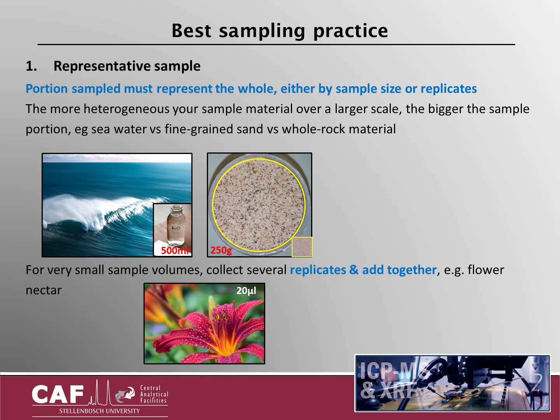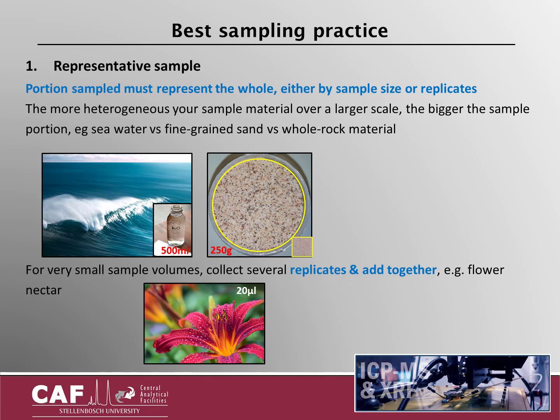While if you are looking at the whole rock chemistry of some stratigraphic layer or a granite intrusion, you have to take a much bigger sample because grain sizes are much different in the sample. You could have some minerals a couple of centimeters big compared to a few microns of other minerals.